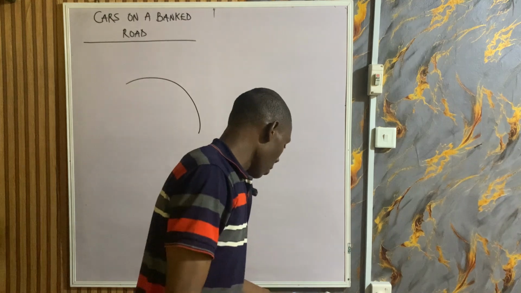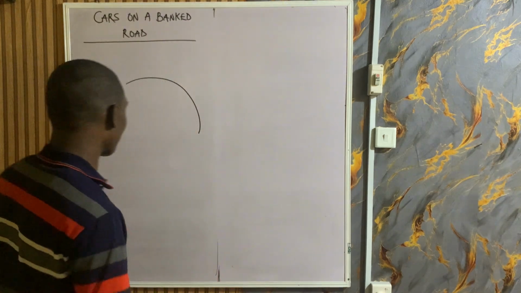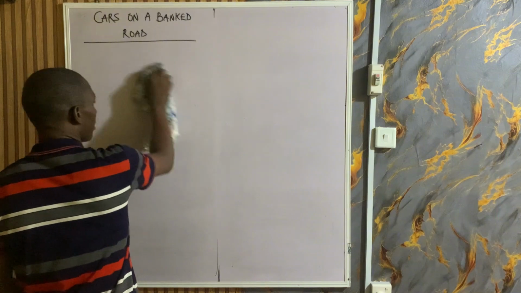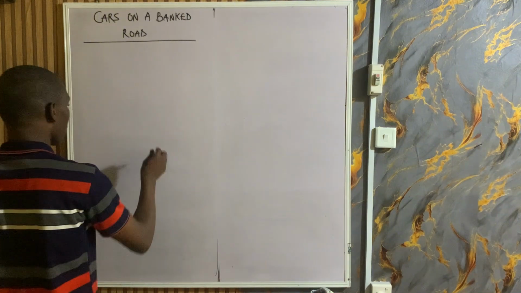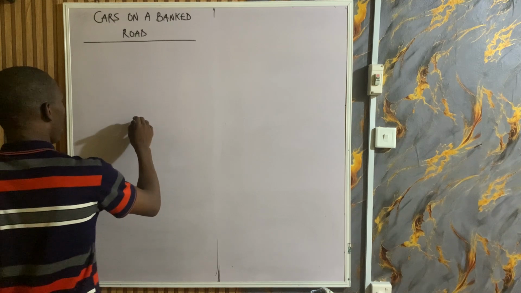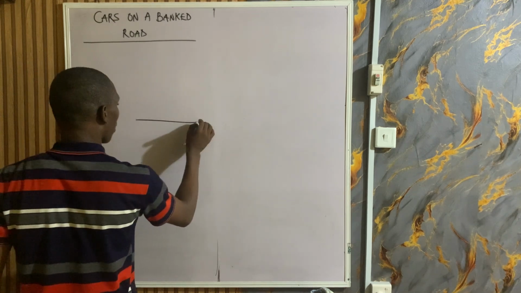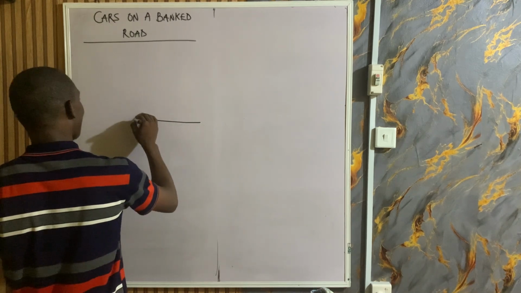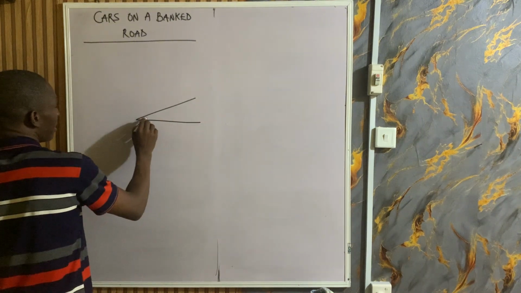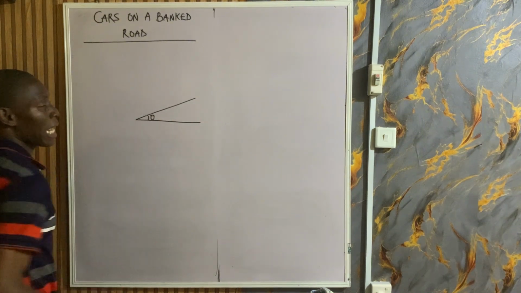Well, let's look at this now. If I have a road like this and probably banked, I will have a road that should look horizontal before. It's now in this manner. Cars are riding on it and the road is like this. The angle here is called our banking angle.